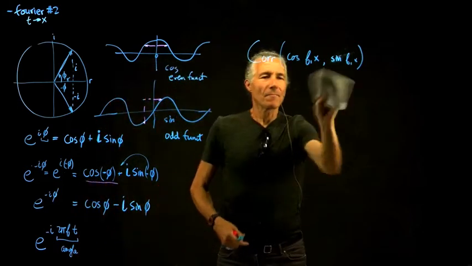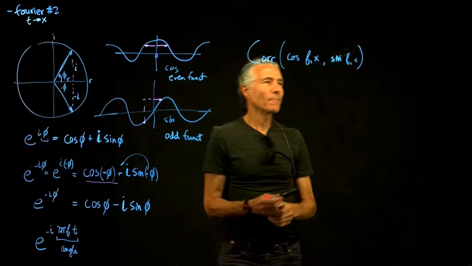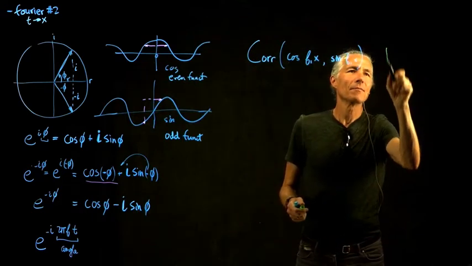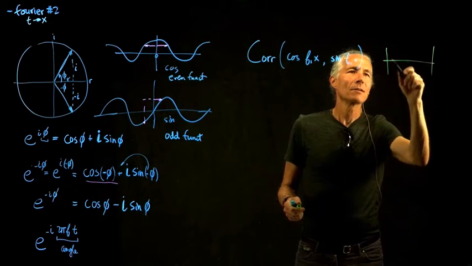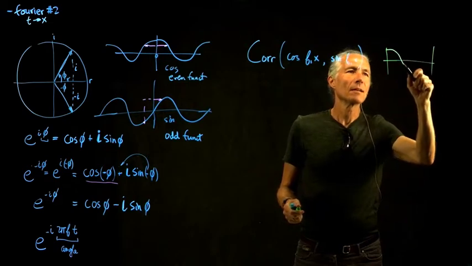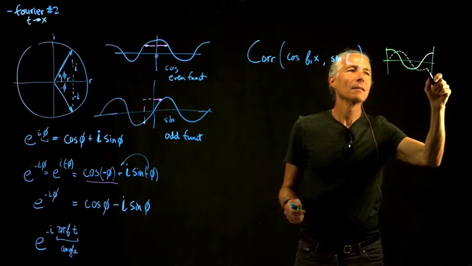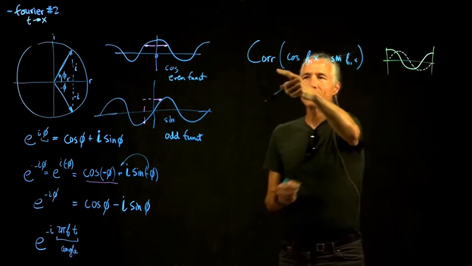But if you just look at that, and you plot out a cosine and plot out a sine, what does the correlation mean?